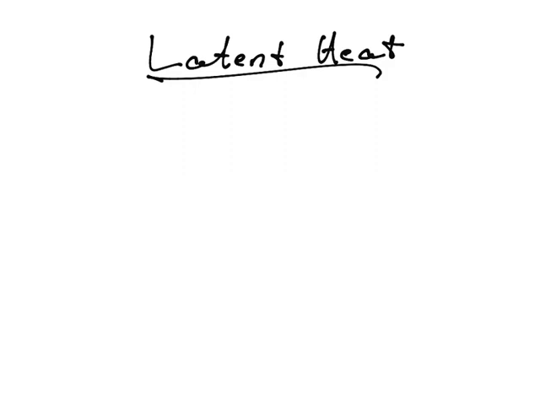Alrighty, so this video we're going to continue talking about calorimetry. Last time we introduced the main equation that we'll use, which is the heat change by each piece of a system.